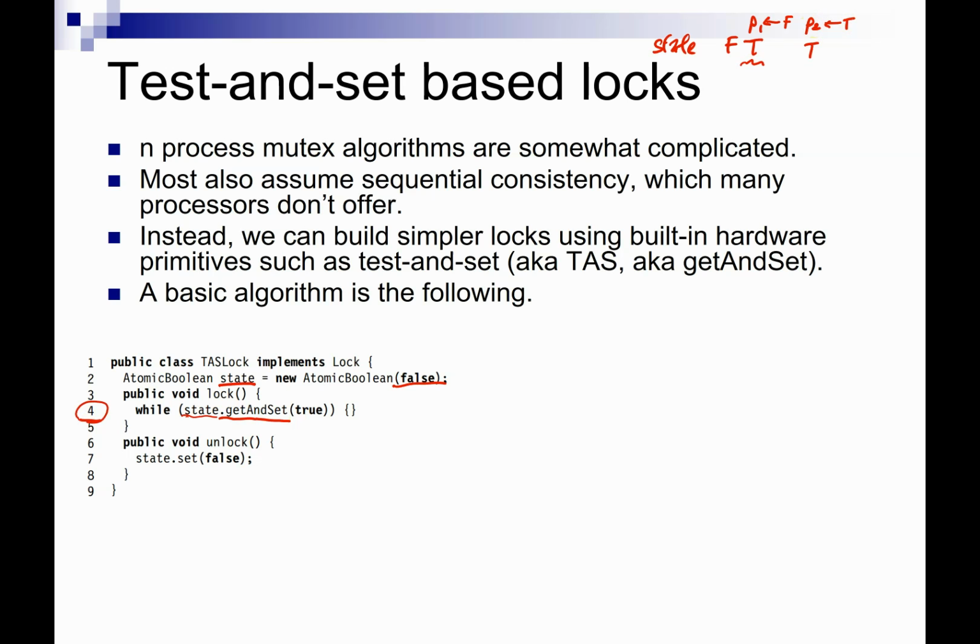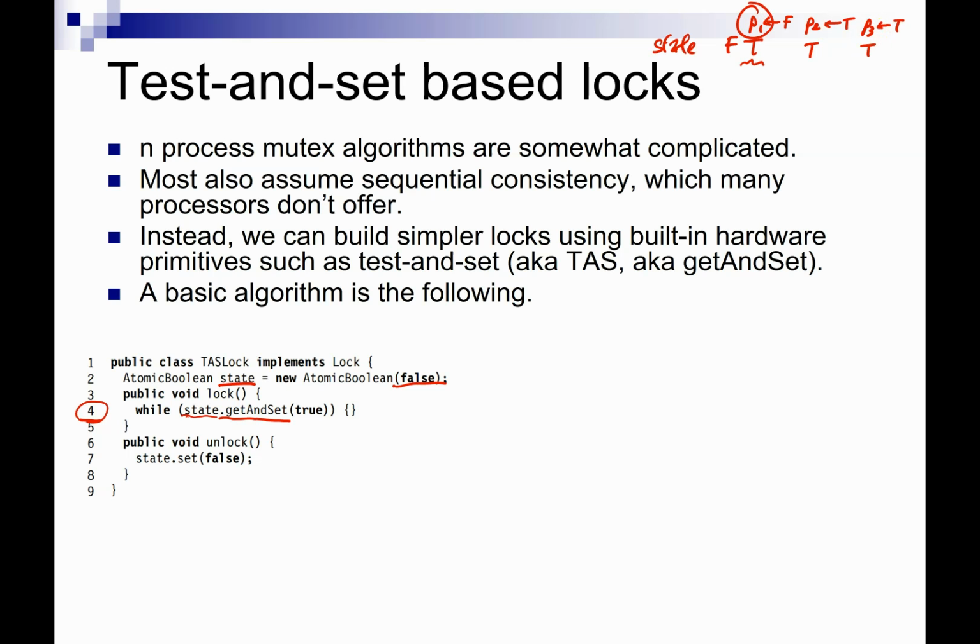Likewise, if you have a P3, he's going to do his get and set, see that state is still true, so he's going to wait. So only the first process that comes can get into the critical section. The other guys are all going to wait.